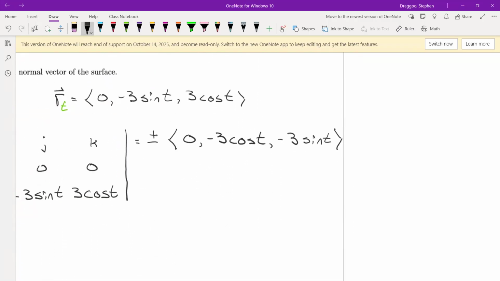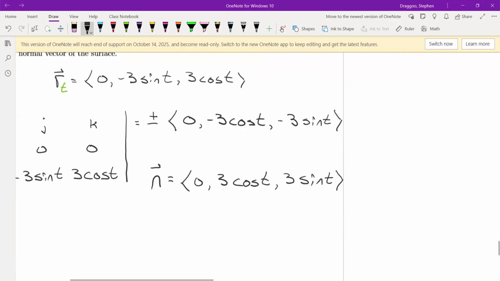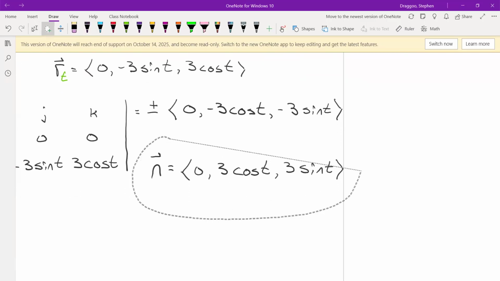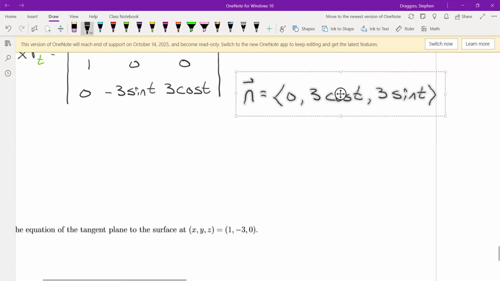So I'm going to use all of that to argue that n should be equal to 0, positive 3 cosine t, positive 3 sine t.